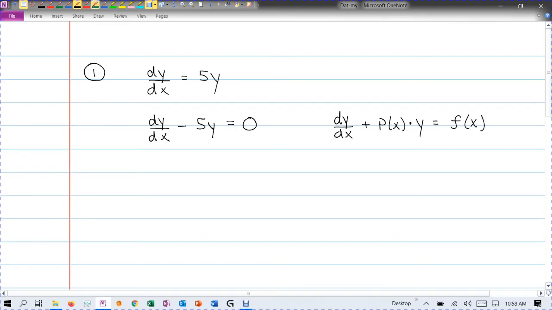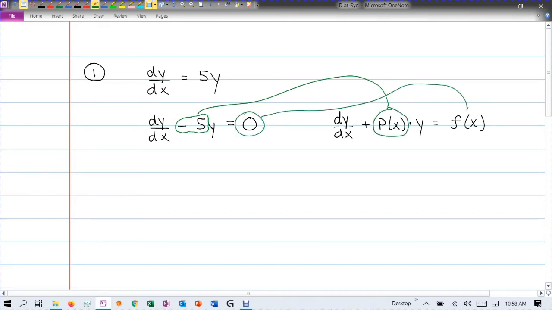So now we can identify that negative 5 is actually our P of x function, and then the 0 is our f of x function here. So we are pretty much set, and now we go about trying to find the integrating factor.